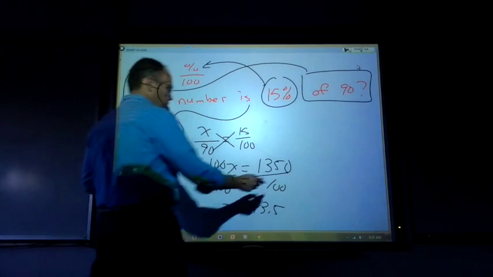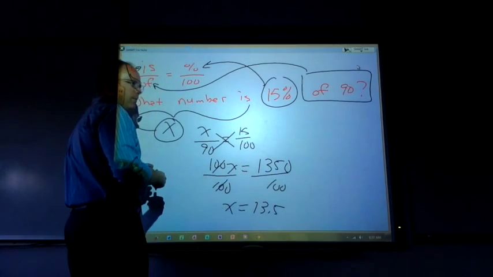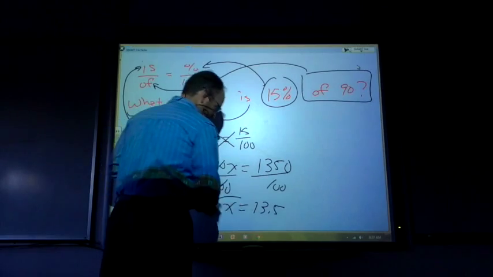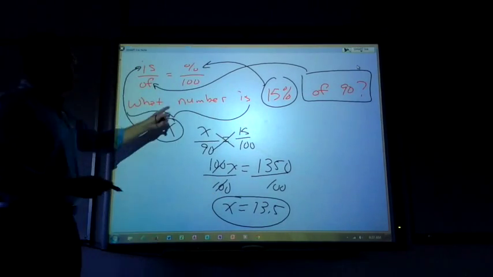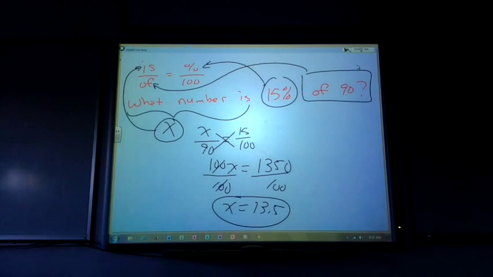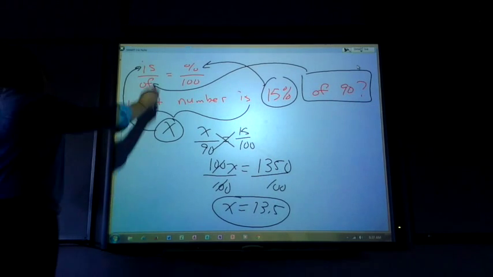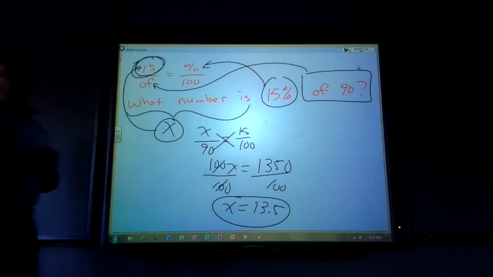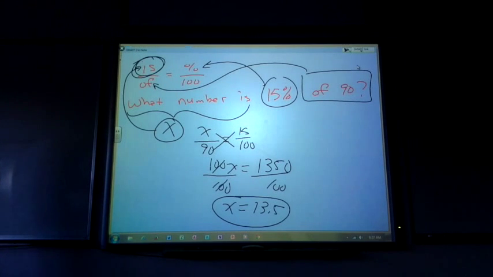So 13.5 is 15% of 90. That's when we're substituting in for is, when the is is unknown. Make sense? Okay.